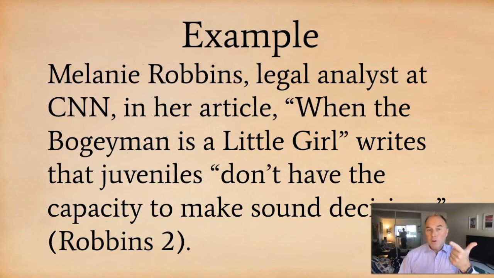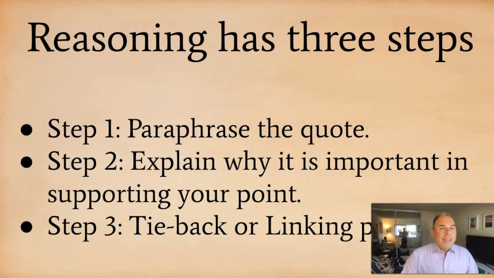So you have your claim, you've got your evidence. We're now going to move on to the reasoning. So in your reasoning, you have essentially 3 steps to go through. And this is going to be different if you're writing a literary essay. We'll take that in a different video because your analysis is going to look slightly different. But if you're doing expository reasoning, it should have essentially 3 steps.